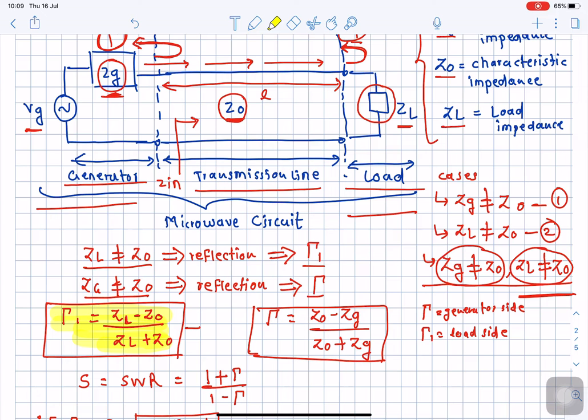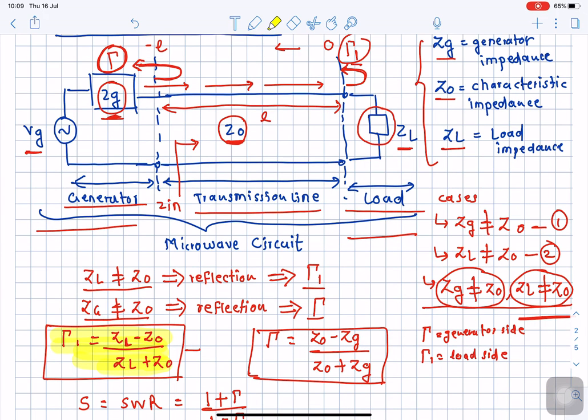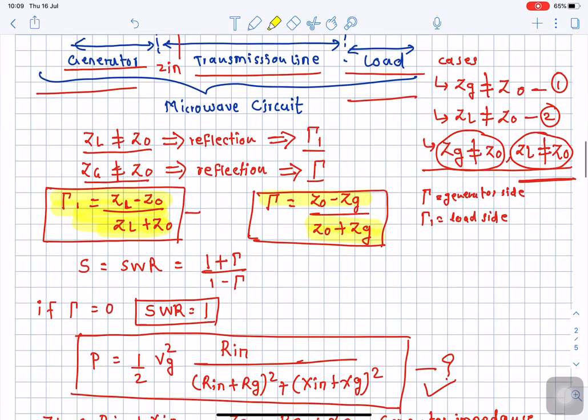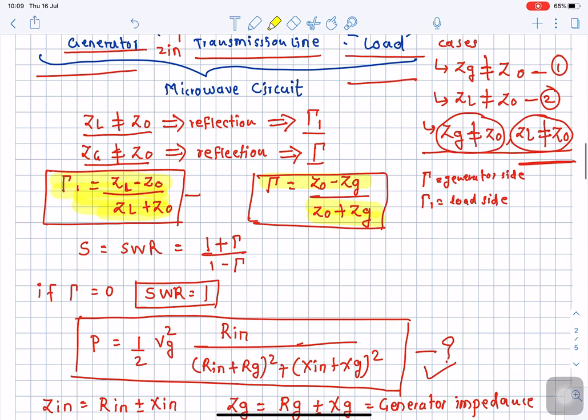Now on a similar basis, we can write the reflection that can take place because of the mismatch between the generator impedance and the characteristic impedance of a transmission line. So similarly, we can write gamma = (Z0 - Zg) / (Z0 + Zg). This is already covered in your third year RF circuit subject.